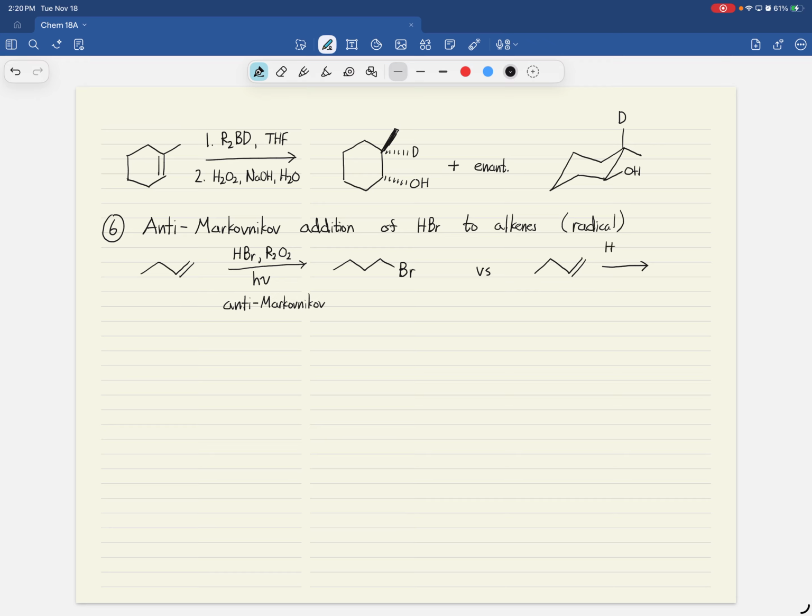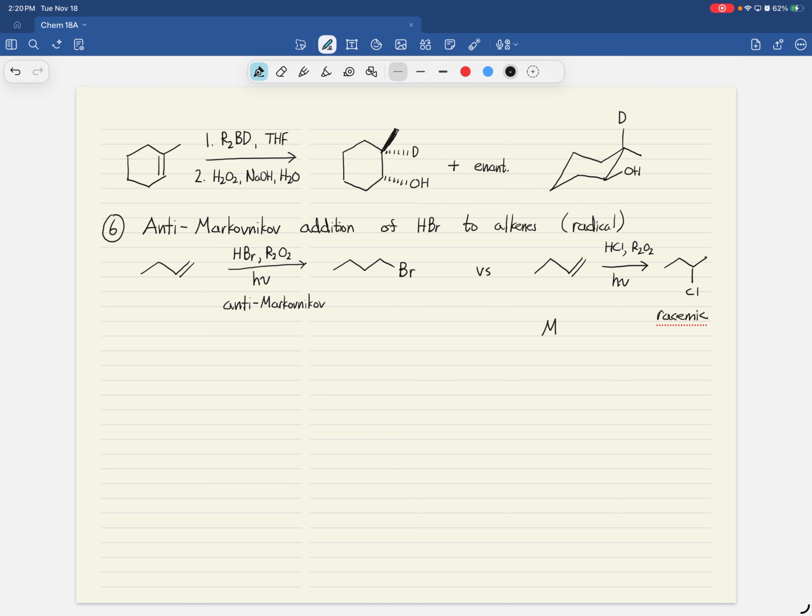So we have HCl, which looks similar to HBr, R2O2, h nu. We actually just get the expected Markovnikov addition, so racemic.